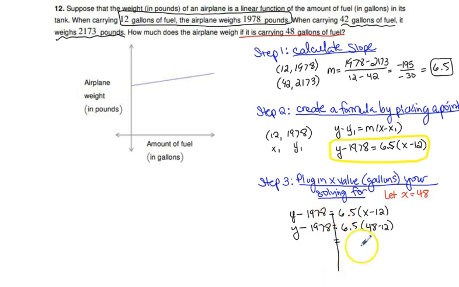Now on your calculator in ALEKS, you can actually type in this entire thing as you see it with parentheses and everything. And when you do that and hit enter, you're going to get 234. And nothing on this side changed. So to get my final answer, to get y by itself, I'm going to add 1978 to both sides. My final answer, 2,212 pounds.